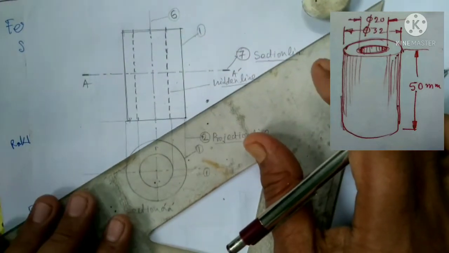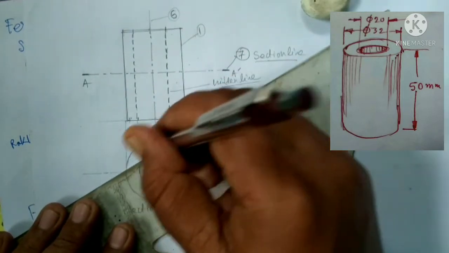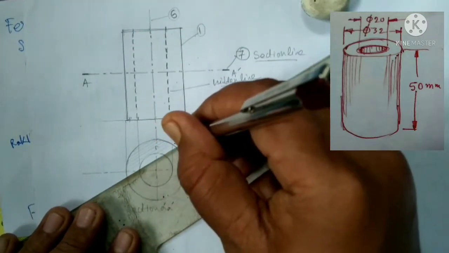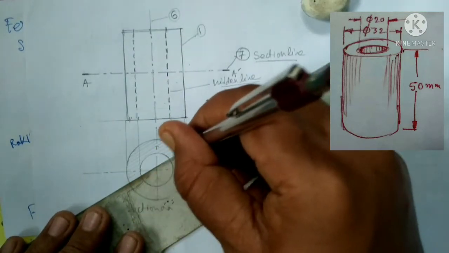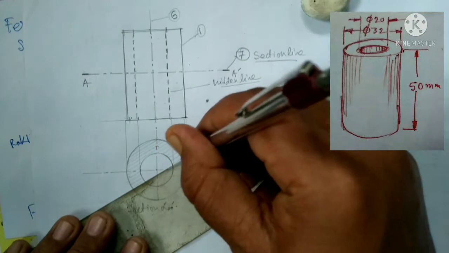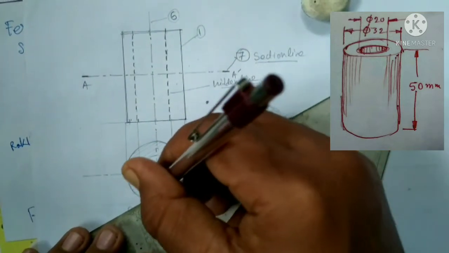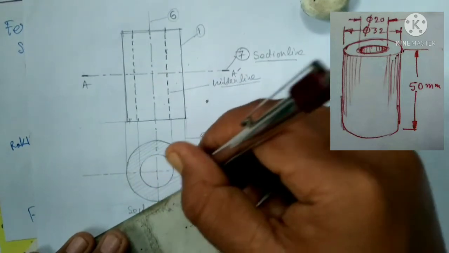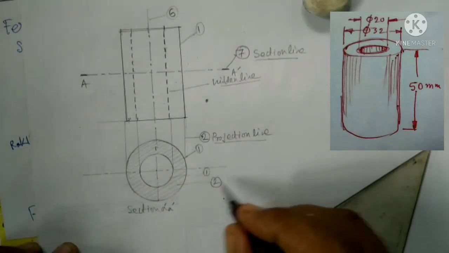If we cut the section along the A dash section line, there will be a cross section on the top view, and we have to give hatch lines to show the material, and for the hollow part the inner circle will be blank as there was no material. To draw the hatch lines, we will use a continuous thin line, that means a light line.